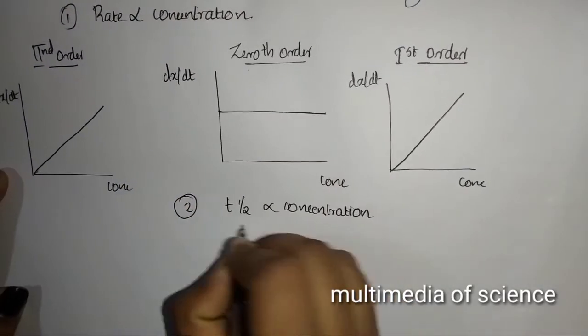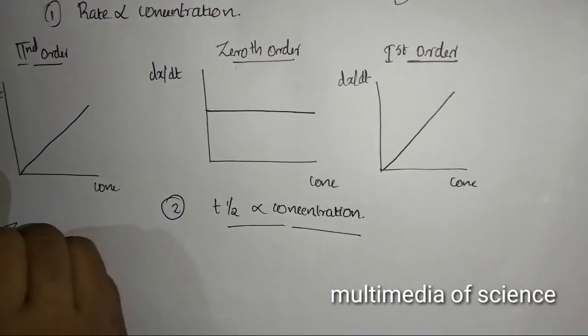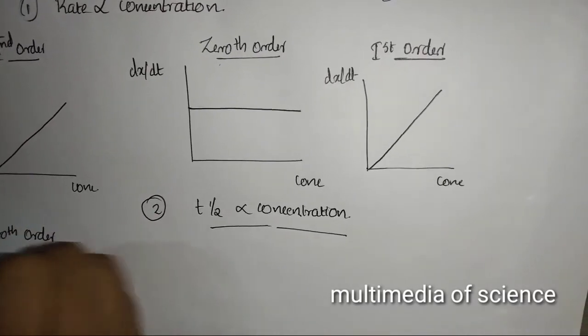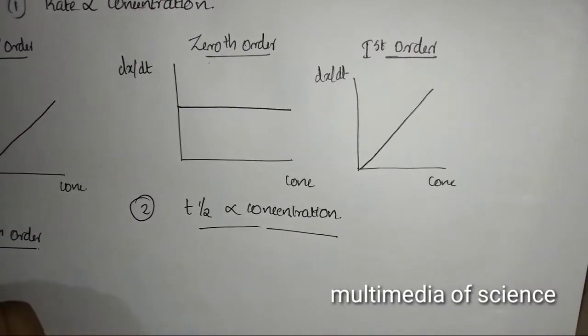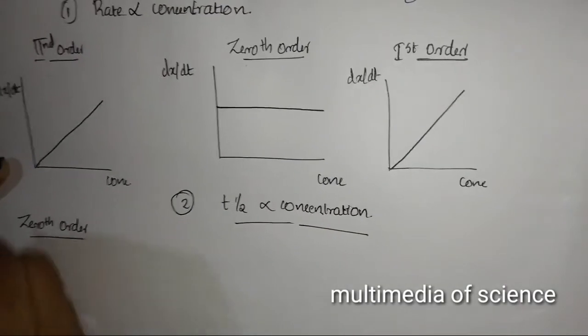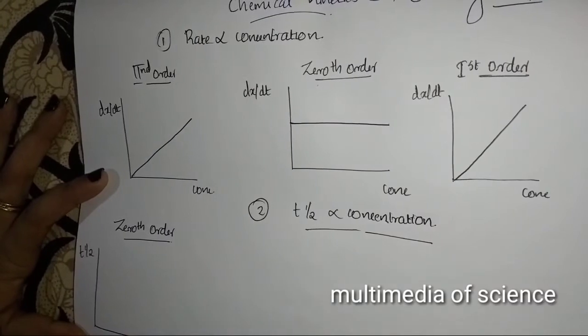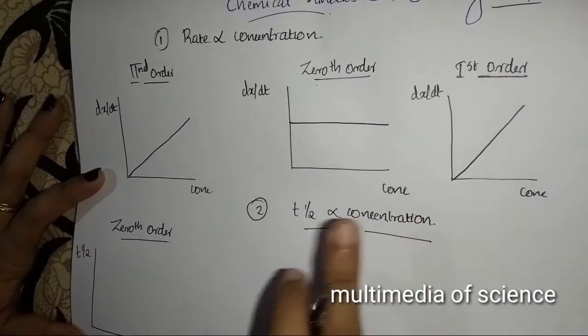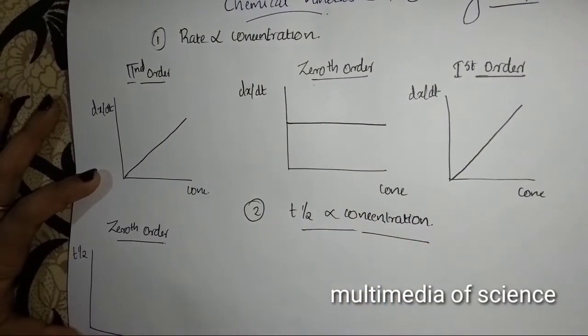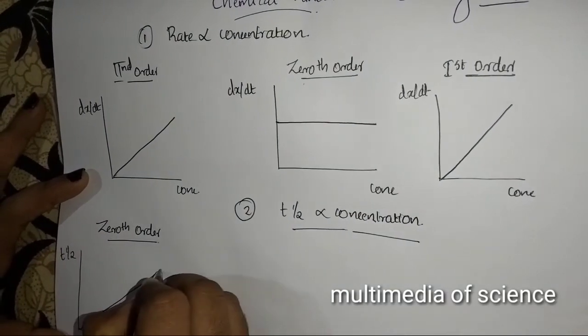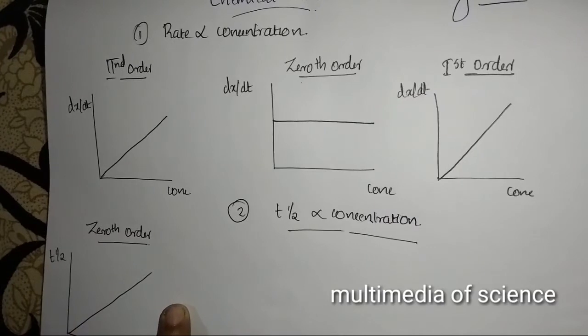So first, zeroth order. For zeroth order, the graph is like that. The T half, the half-life, is on the y-axis and the concentration is on the x-axis, and here a uniform straight line is given.